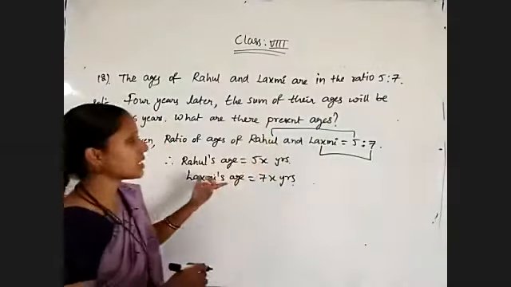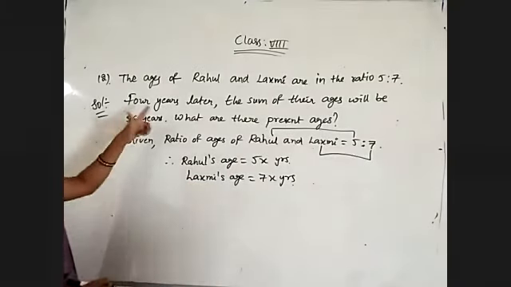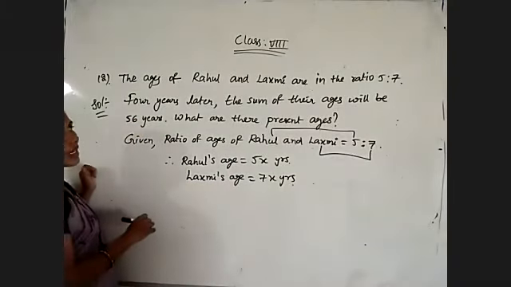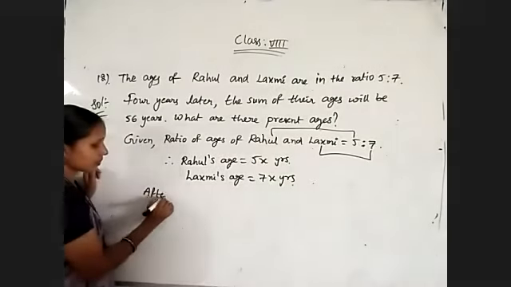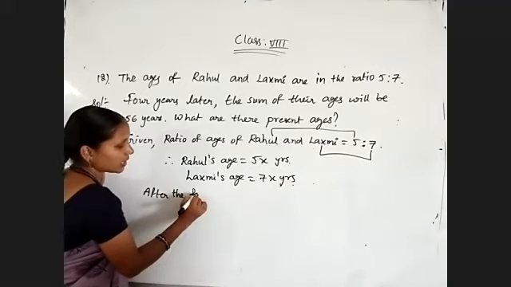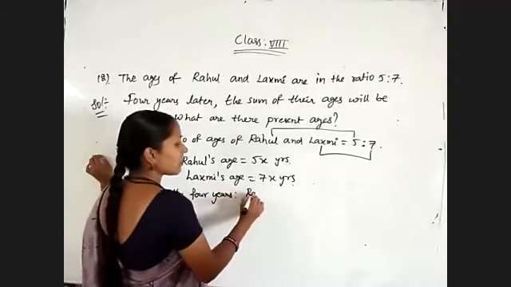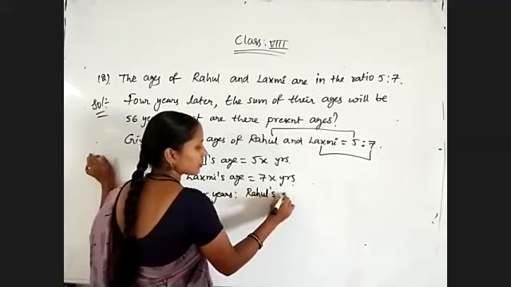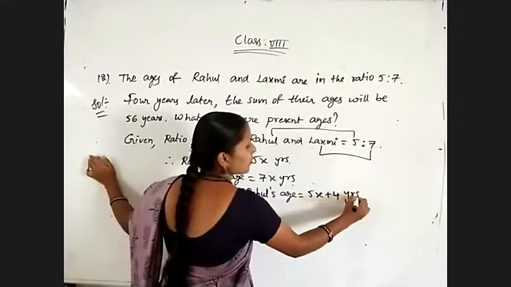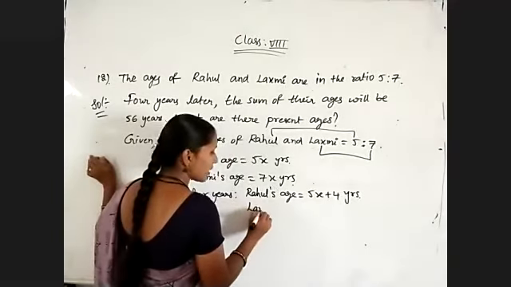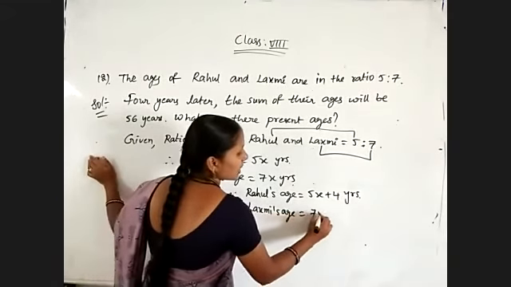So Rahul's age is equal to 5x and Lakshmi's age is equal to 7x years. After 4 years, how will their ages become? After 4 years, Rahul's age will be equal to 5x plus 4 years, present age plus 4 years. And Lakshmi's age will be equal to 7x plus 4 years.